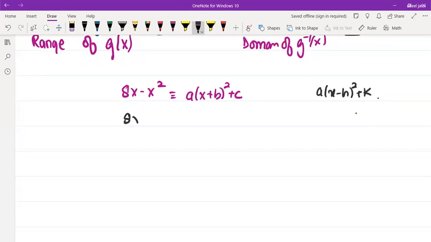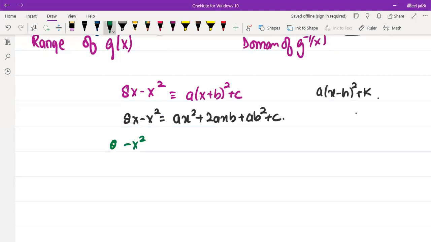So this is 8x minus x square. Let's open this entirely: ax square plus 2abx plus ab square plus c. Now, considering the minus x square, your x square is compared to ax square. So we know that a becomes minus 1. Now, when a is less than 0, the graph moves like this.